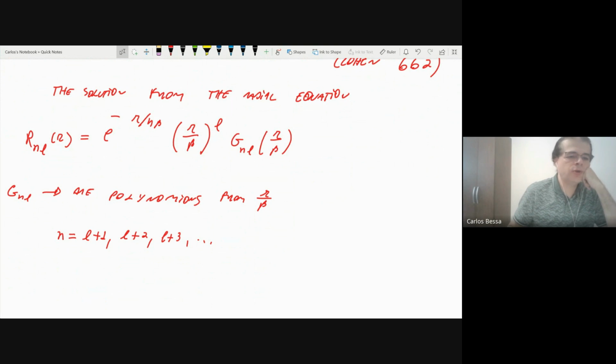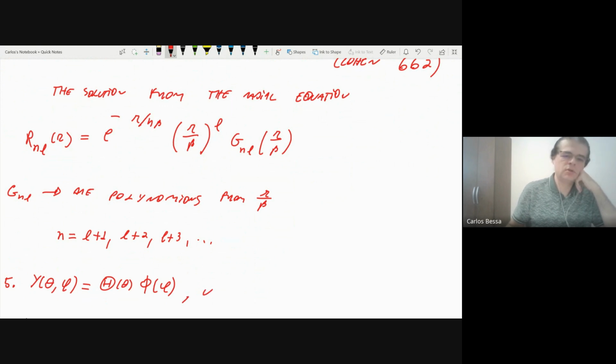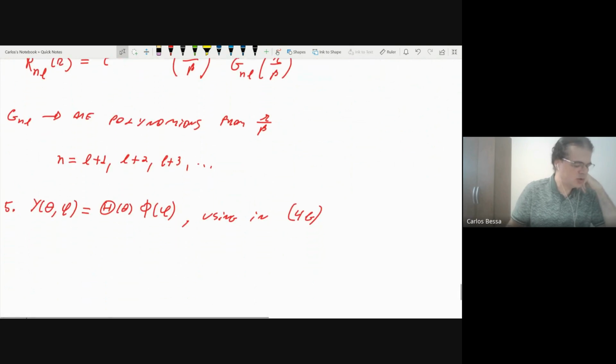So this is the fourth step. The fifth step is to consider the angular part and separate the equation in theta. So big Theta of theta and Phi of phi, using step 4, part B, that's the angular equation.